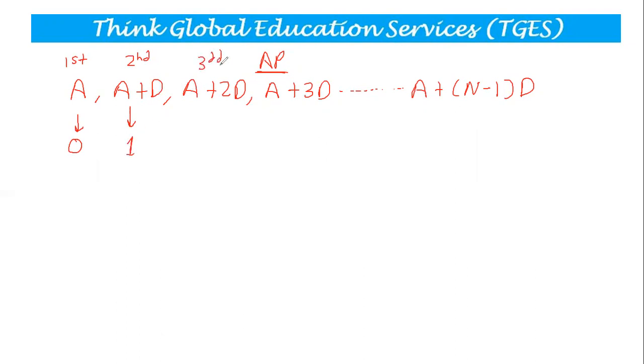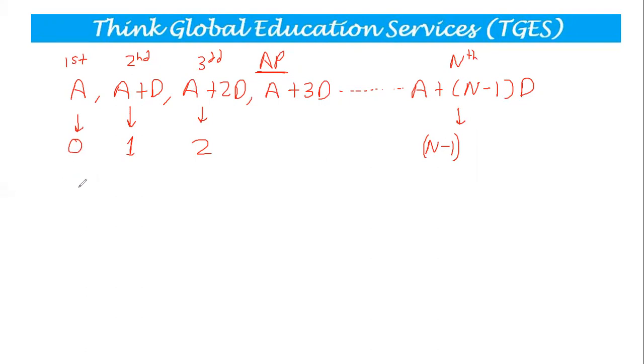If I look at the third term, I realize that there are two constants. So if you notice, with every term, I have one more constant than the previous. So with the nth term, the number of constants in the series will be n minus 1. So guys, it will not be nD, it will be A plus n minus 1 times D.